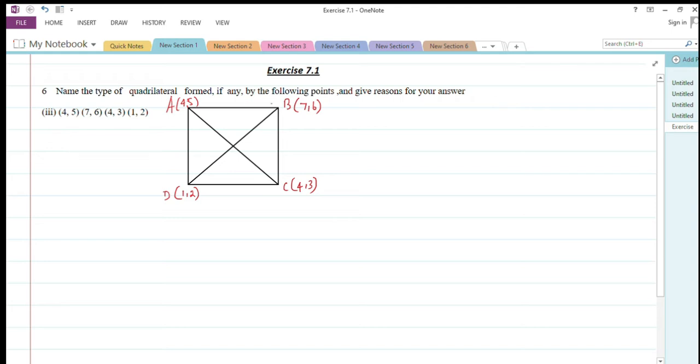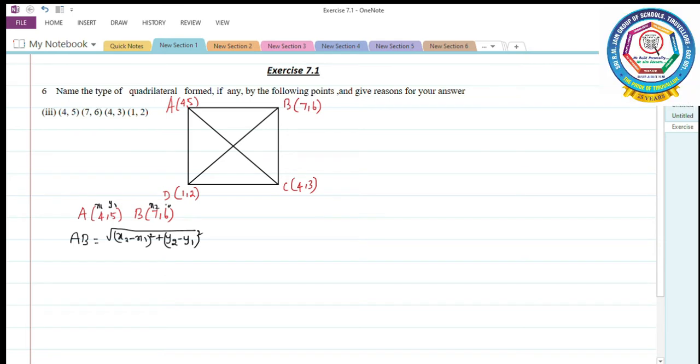Now I am going to find the distance between AB. What is the A coordinate? A of (4, 5), B of (7, 6). If two points are given, we know the formula: distance between two points AB equals square root of (x2 minus x1) the whole square plus (y2 minus y1) the whole square. This is x1, y1, x2, y2.